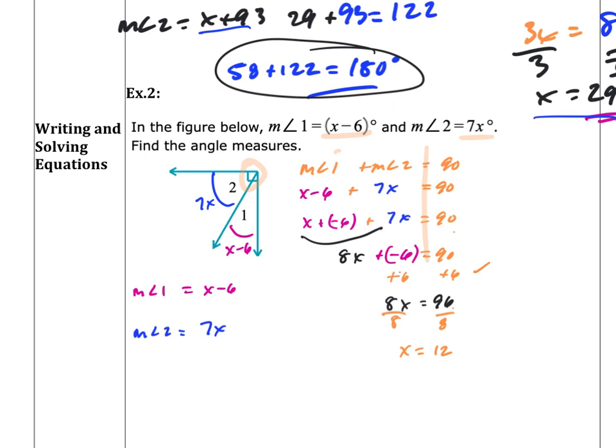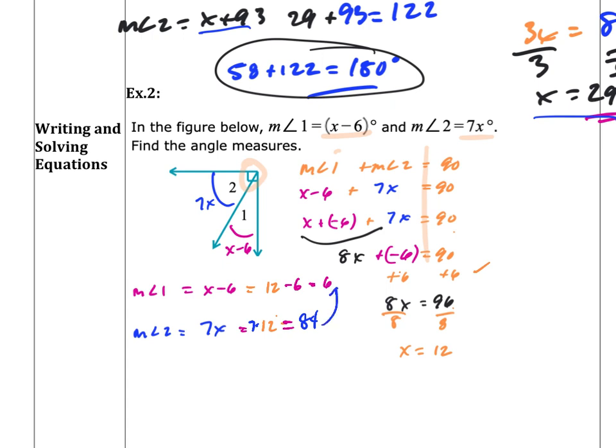Now you have to plug that into the expressions. The measure of angle 1 is going to be 12 minus 6, which equals 6. And the measure of angle 2 is going to be 7 times 12 minus 6, which equals 84.